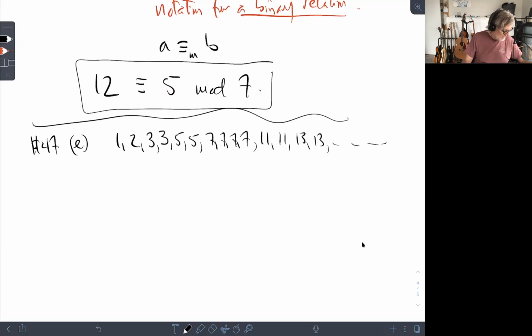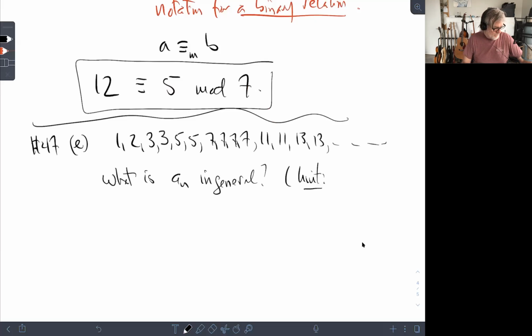So what is a_n in general? Hint: it has to do with prime numbers.